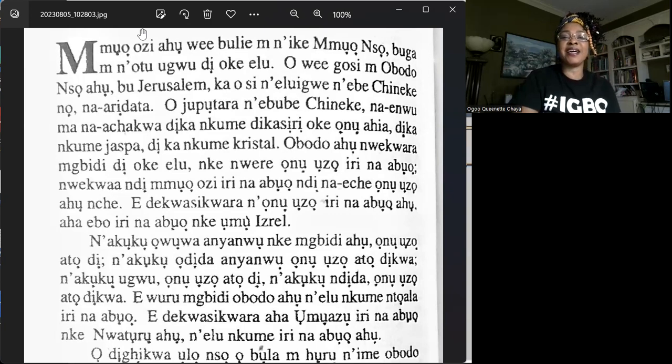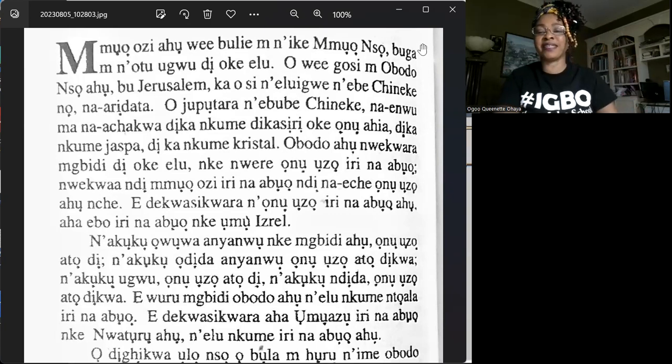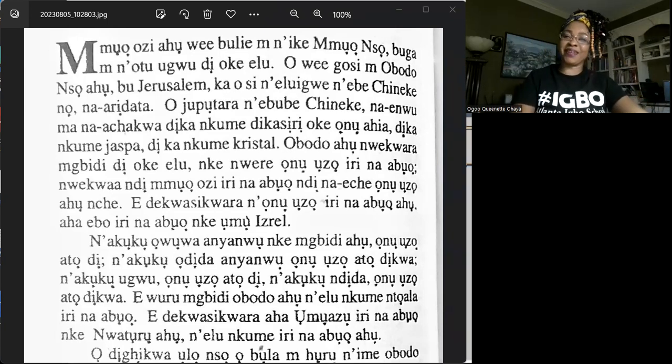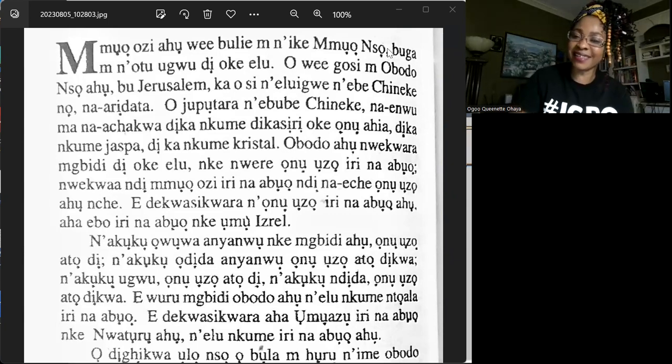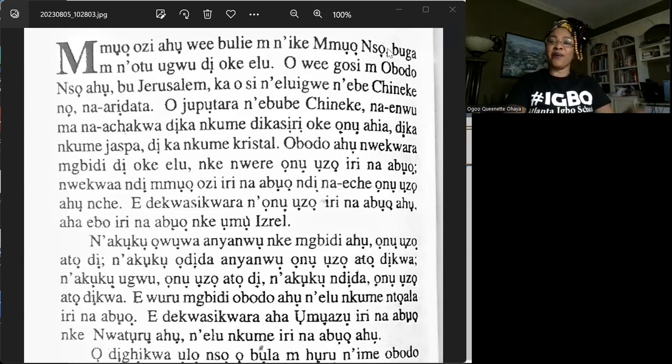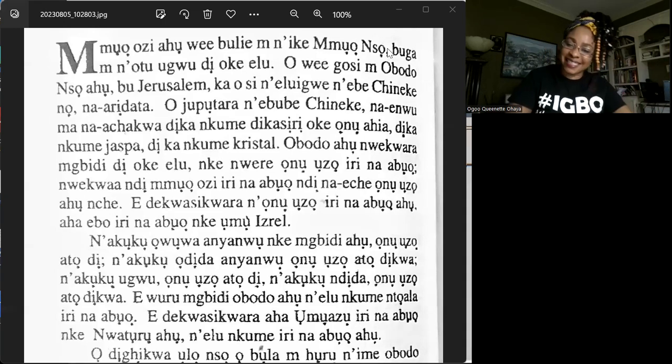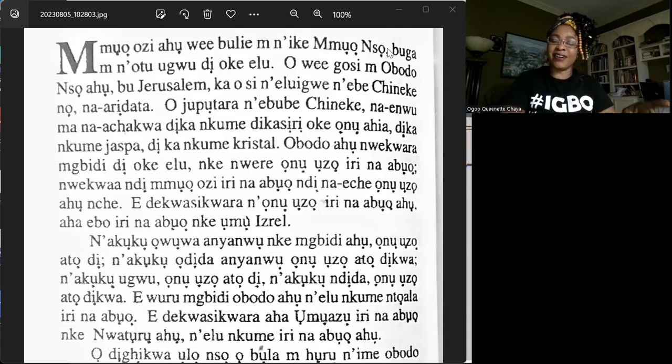So, when he said Mozi ahụ, ahụ means that angel. Okay? So, when you say this, for example, I think it was one of the beginner classes, I was telling them the difference between this, THIS, and that, THAT, okay?